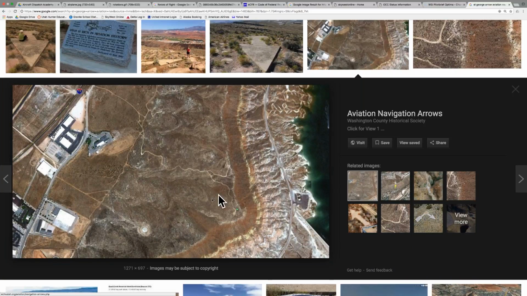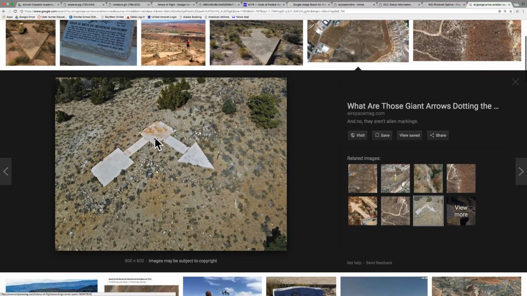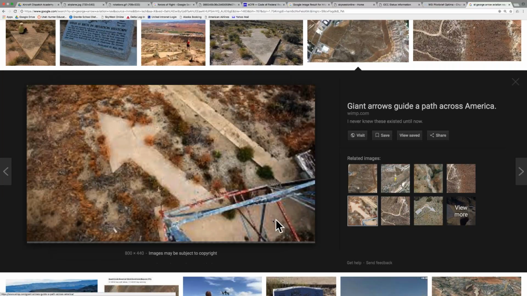I'm not seeing it. It's there somewhere. But you can even see in this picture the pylons that the light tower was stuck to. So that's your early ground-based navigation.